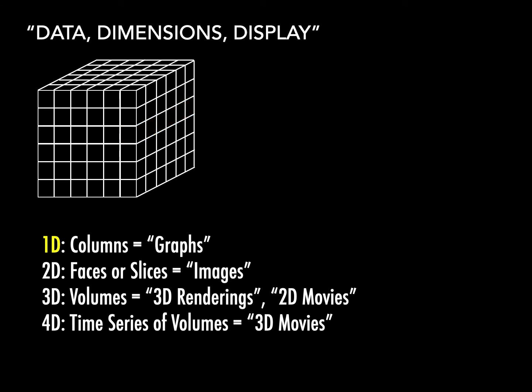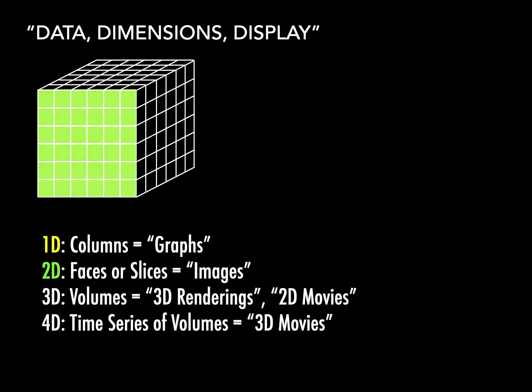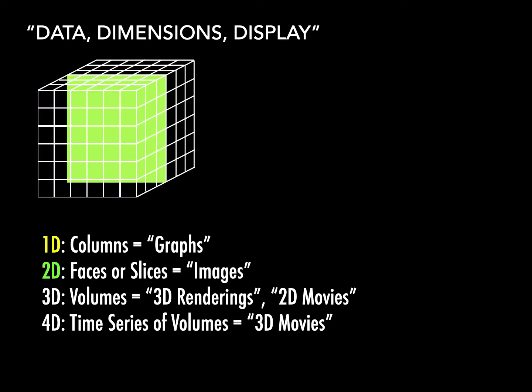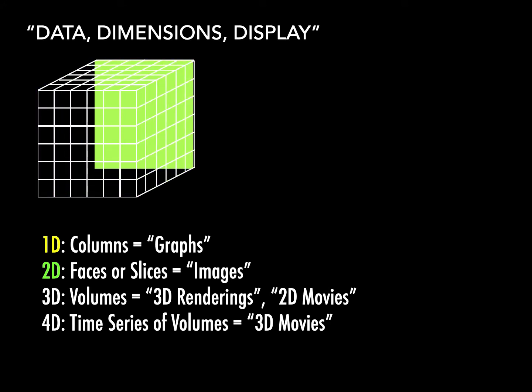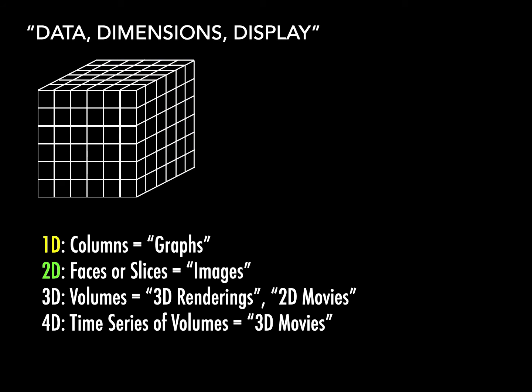And so here, now, if I cut in two dimensions, I can either think about a face of this cube where you sum through it, or where you slice, like we saw in the brain imaging example, and you would get an image that is a slice of this cube that you would want to display typically in two dimensions.